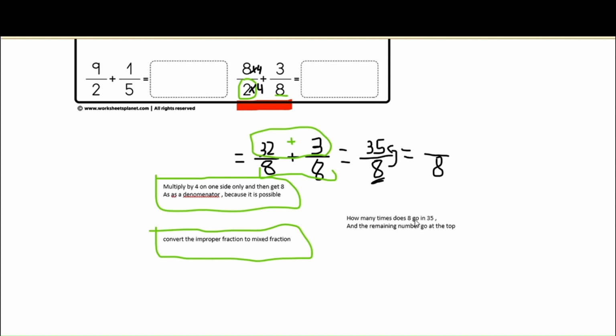You get that? So how many times does it go into 35? It's 4 times, which is 32. And to reach 35, how many numbers do we need? Just 3 more numbers. 32, 33, 34, 35.